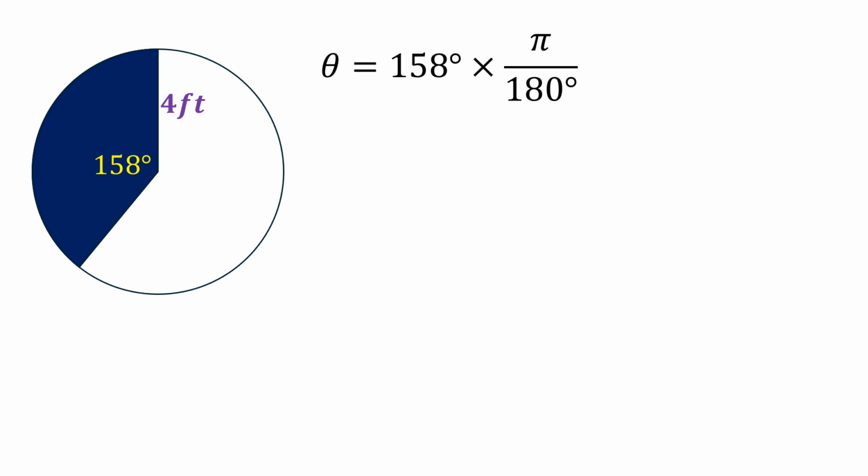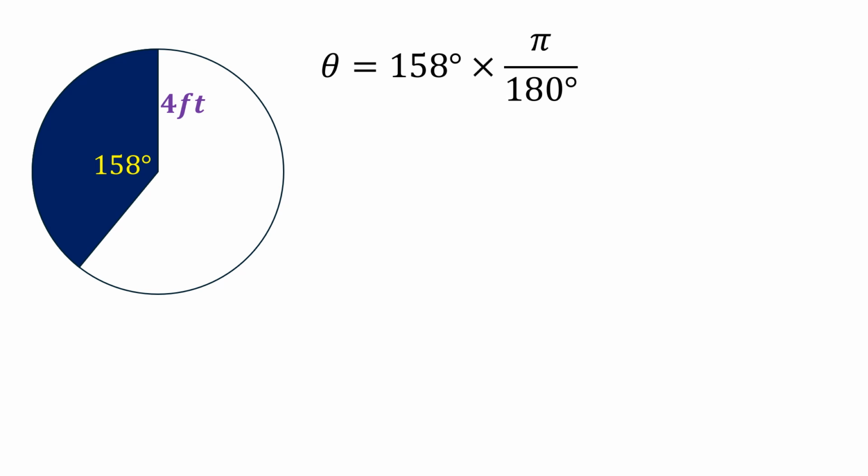If you don't know what pi is, pi is a constant value of 3.1416 and so on. It's always pi over 180 that we multiply with the angle in order to convert degrees into radians, because we cannot find the area of the circular sector without converting from degrees to radians.